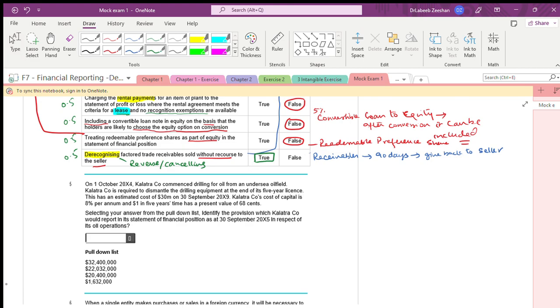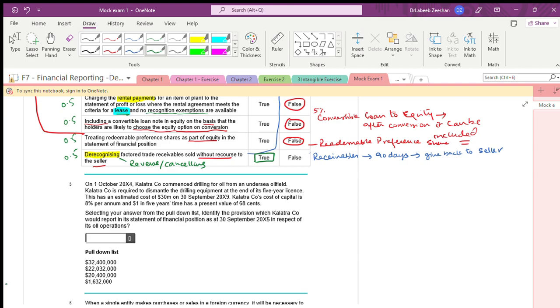On October 1st, Kalatra commenced drilling for oil in an undersea oil field. Kalatra is required to dismantle the drilling equipment at the end of its 5-year license. They have estimated a cost of 30 million on 30th September.